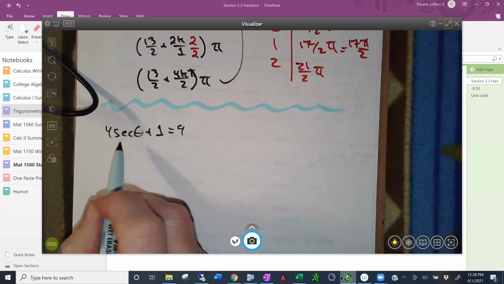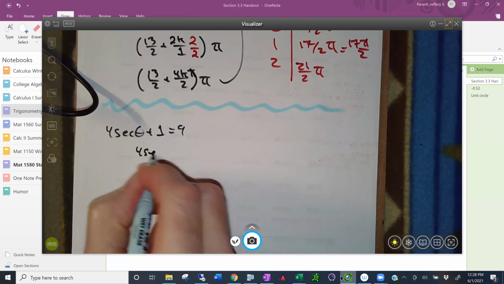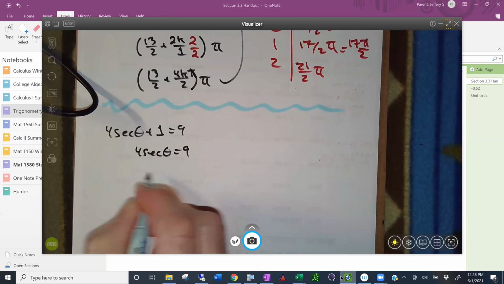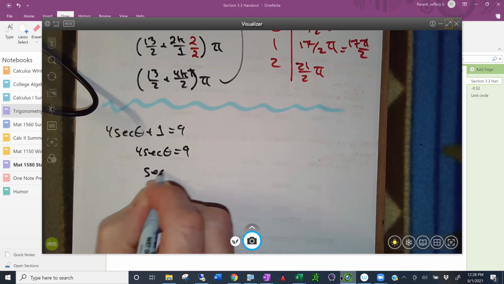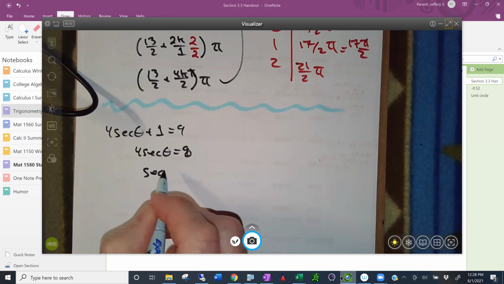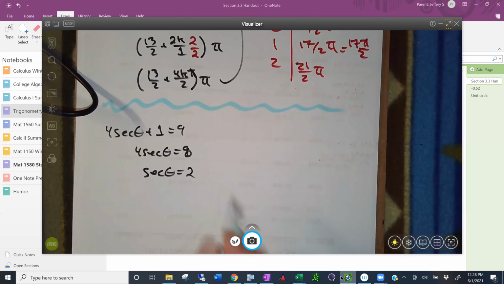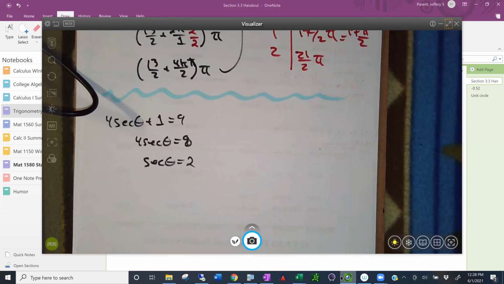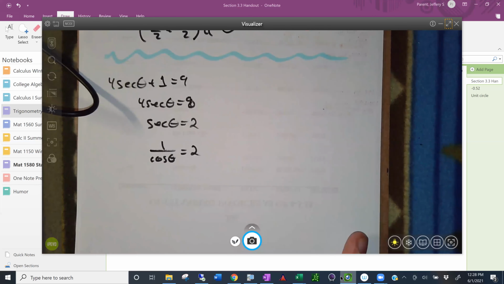So I'll subtract 1 from both sides and get 4 secant theta equals 8. Divide both sides by 4: secant theta equals 2. And now it's up to you. But for myself, I'm much more comfortable working with sine and cosine than I am with secant and cosecant, or tangent and cotangent for that matter.